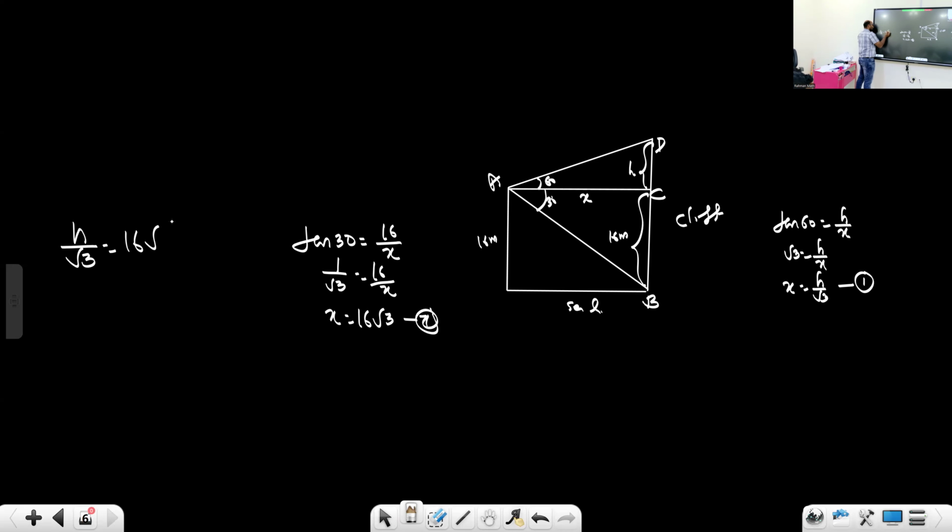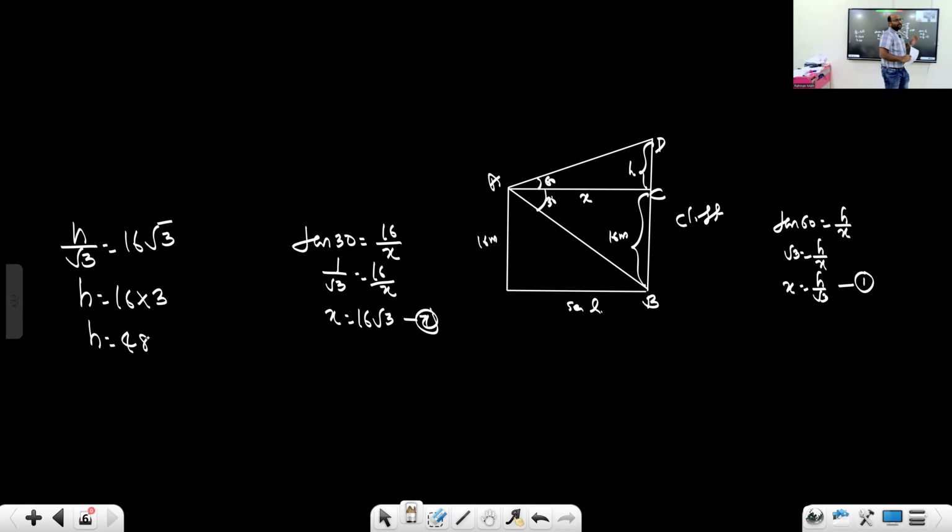So h equal to 16 into 3, how much? 48. So tell me, the first answer, the height of the cliff house is what plus what? Therefore, height of the cliff house is h plus 16.